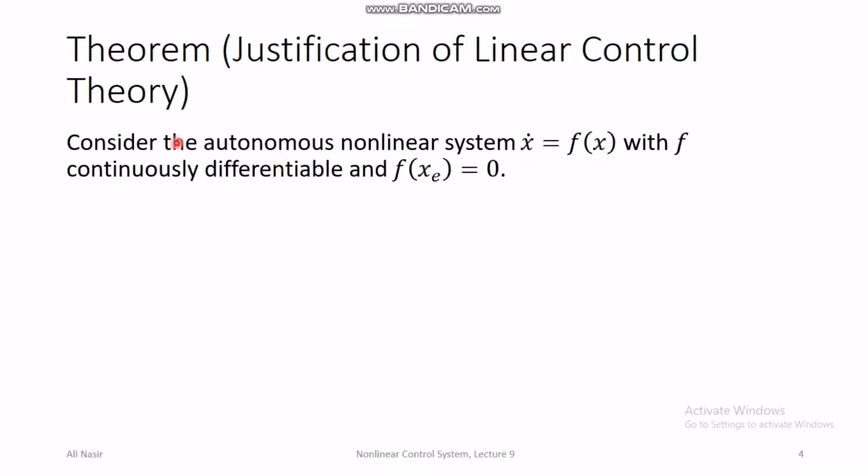So what is this result? Consider the autonomous nonlinear system. Autonomous means time invariant. Time invariant nonlinear system x dot equal f of x, with f continuously differentiable and f of xe equal to 0, which means xe is the equilibrium point of x dot equal f of x.